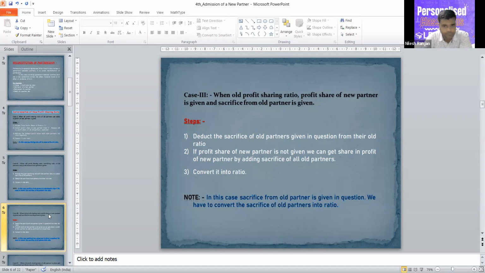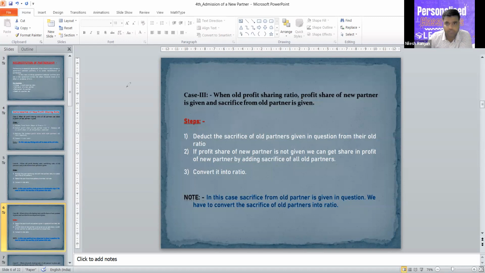Sacrifice will be given in fraction. Now this is a different situation. Actually, there are 2 types of situation in this case. In this case, you can say there are 2 more cases. One, you will be given like this.